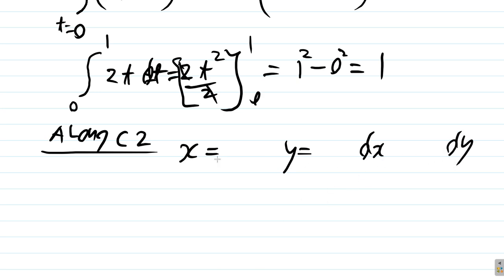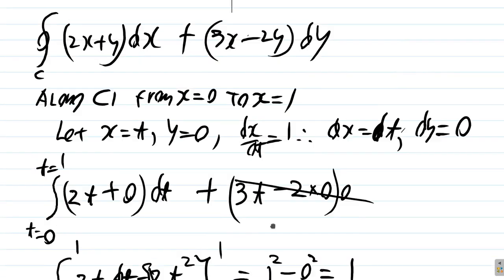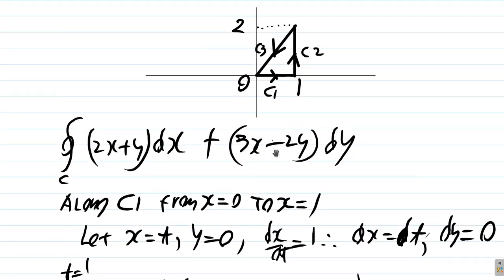We want to find all of them and write them with the same thing. Again, you could just write everything in terms of y and dy, but let's use a parameter.